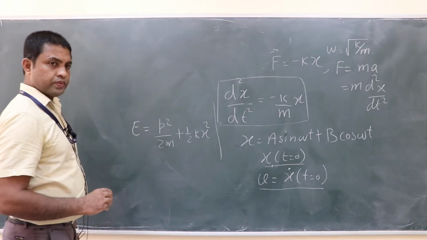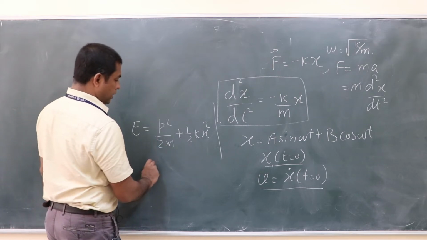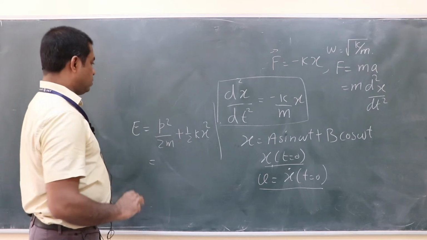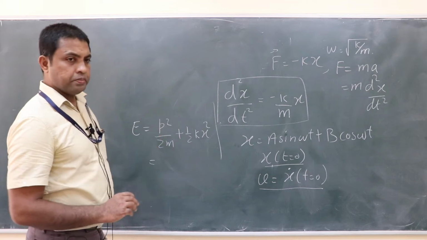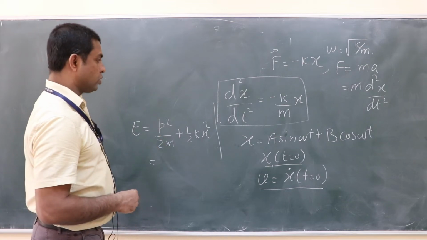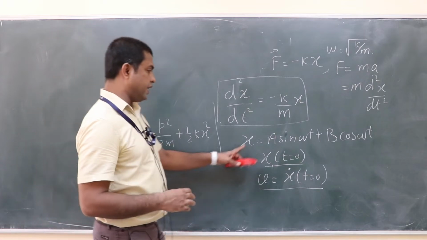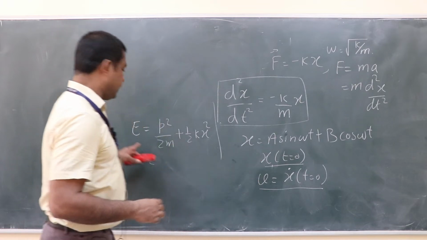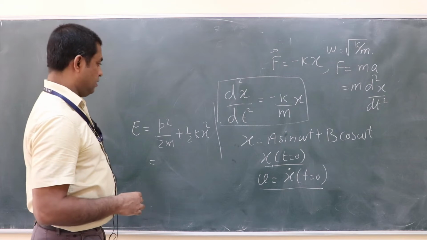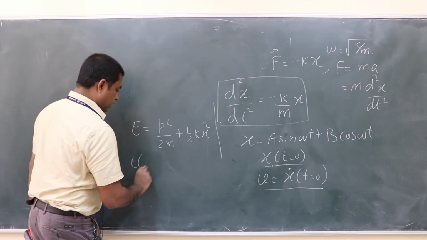Is it correct? Yes, sir. So what is p? p is basically m x dot. So if I know x and x dot, I can find out E. So what is E as a function of time?